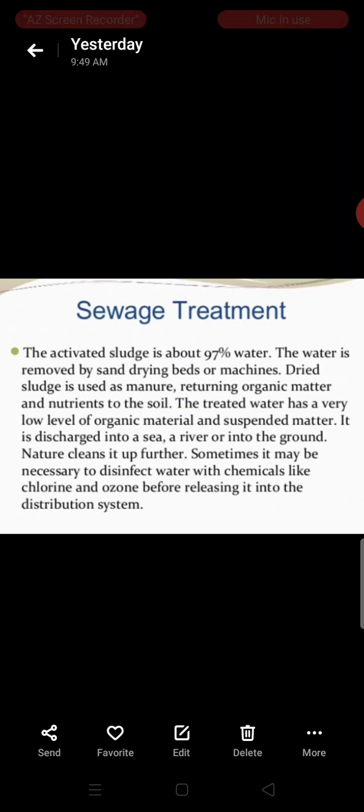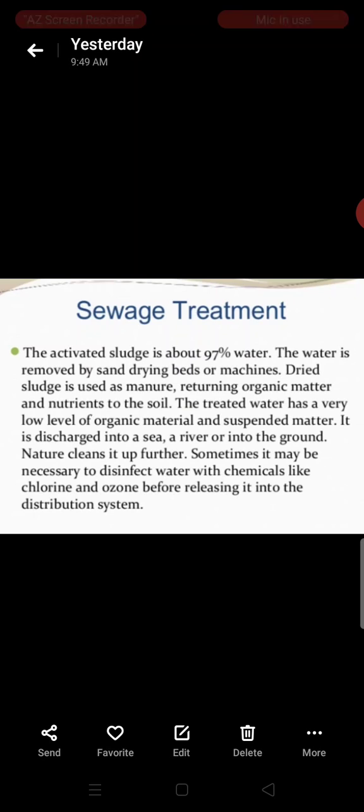So after these many steps, the dried sludge is being used as a manure, as an organic matter for the soil. The treated waste has a very low level of organic material and suspended matter. It is discharged into a sea, a river, into the ground. Now this water which has been treated can be disposed of into the water bodies.